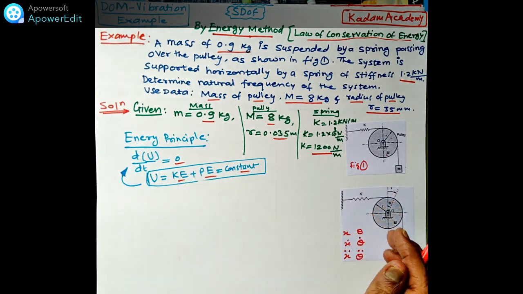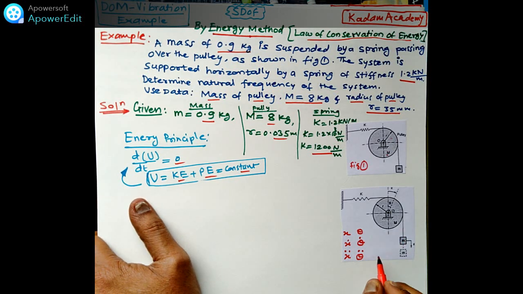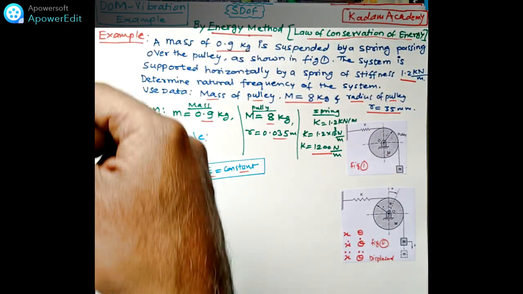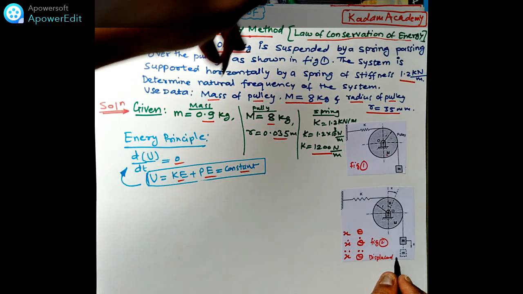I will show you this diagram which will make it clear. This is the displaced diagram, figure 2. In this diagram, x is the displacement. The mass m is displaced by x, a linear displacement.